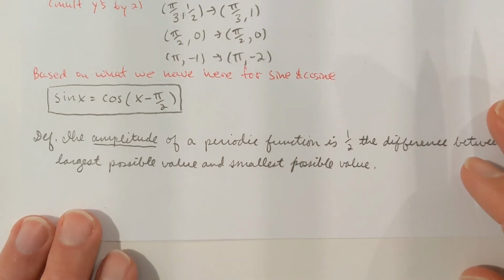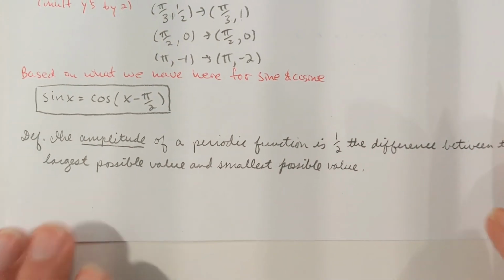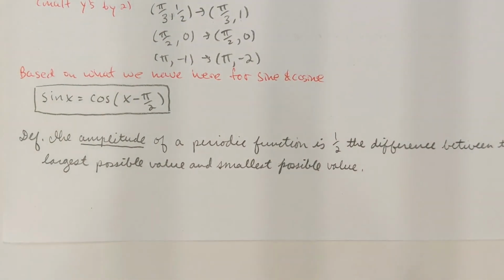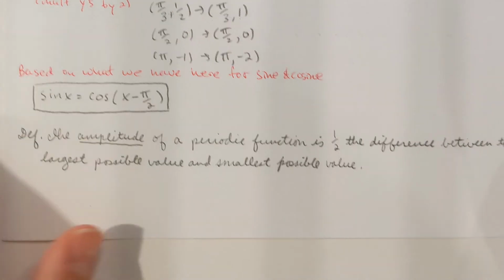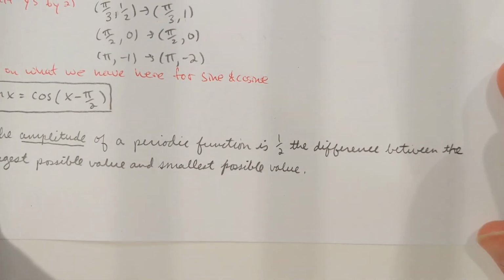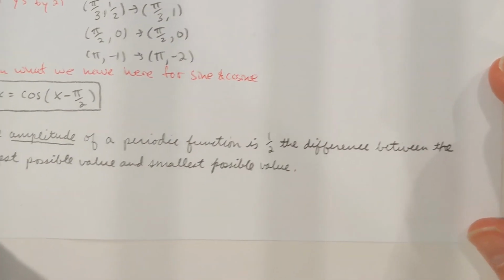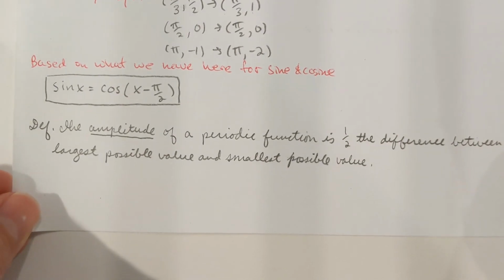Okay. There's a couple of problems in this section asking you for the amplitude and the period of the function. So the amplitude of a periodic function is half the difference between the largest possible value and the smallest possible value.